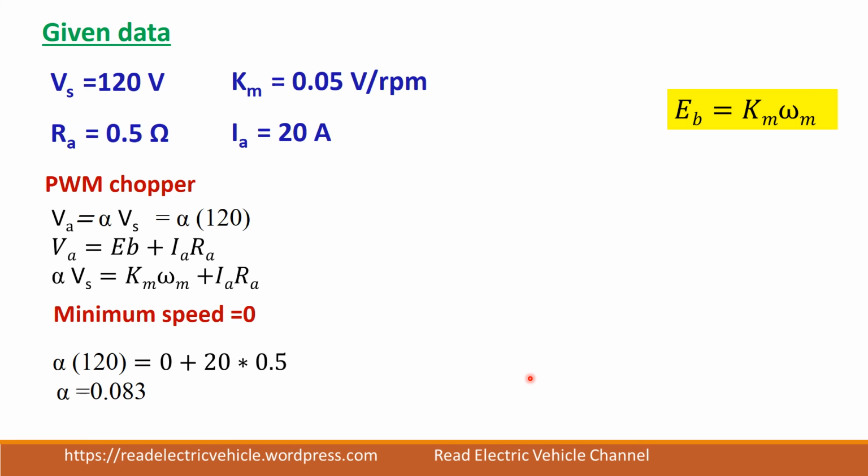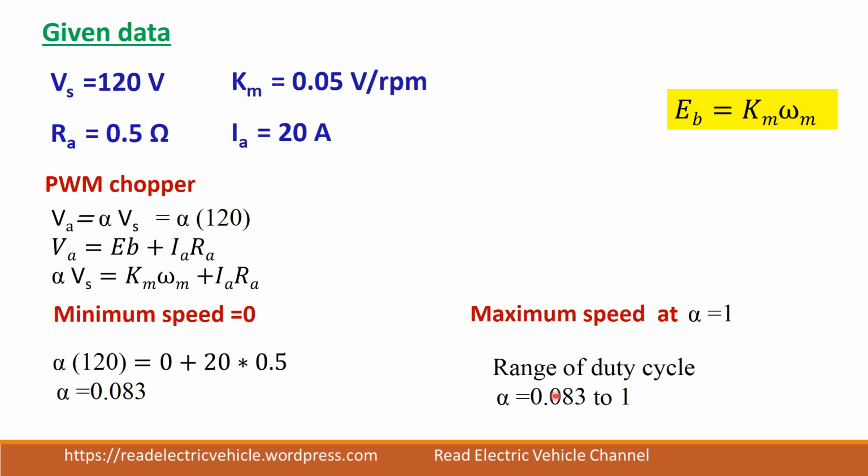Then what will be the maximum speed? We don't know, but we know that when we apply the full voltage, you will get maximum speed. So at alpha equal to 1, you will get the maximum speed. So the range of duty cycle is 0.083 to 1.